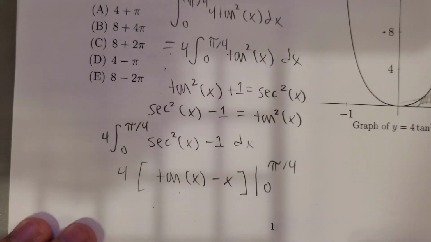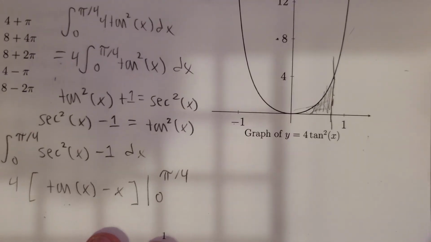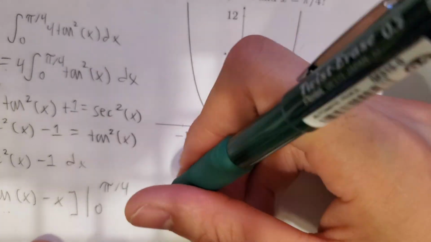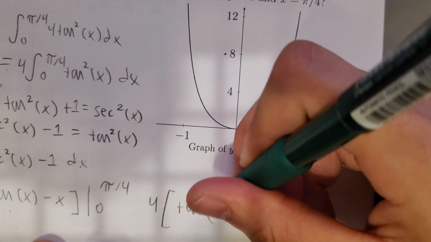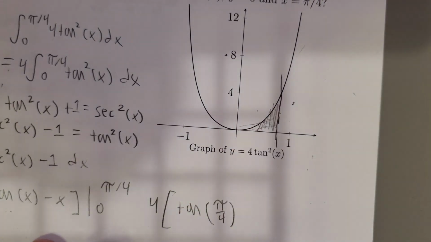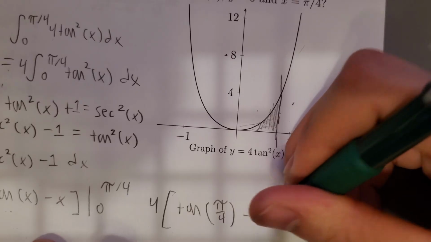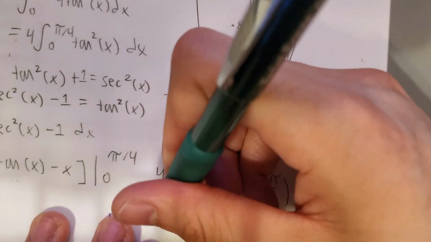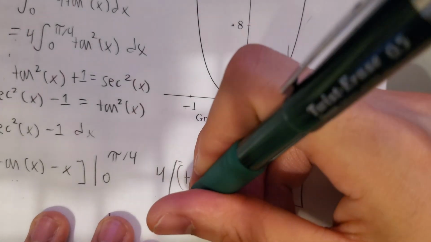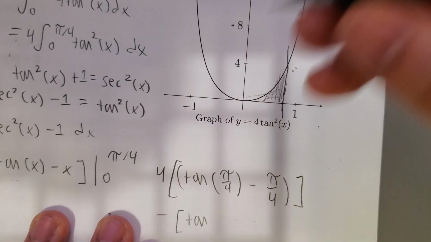And then from here, we can just plug in our boundaries. And so that ends up being 4 times the tangent of pi over 4 minus pi over 4, minus the tangent of 0.